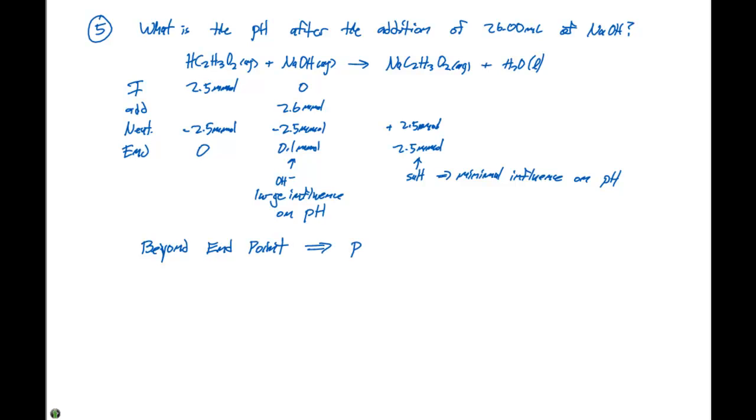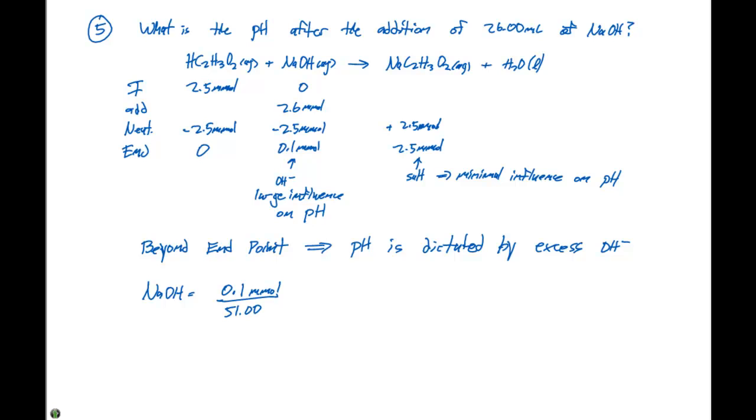So once we are beyond the endpoint, our pH is dictated by our excess OH minus ions. Okay, so for our sodium hydroxide, we're going to have 0.1 millimoles in excess, and we added 26.00 milliliters of sodium hydroxide to 25.00 milliliters of acetic acid.